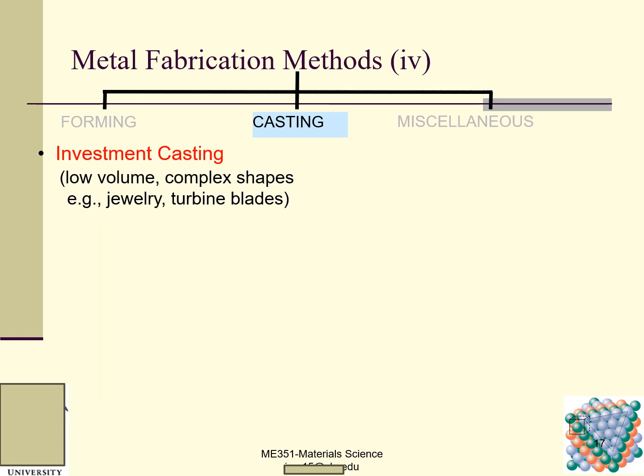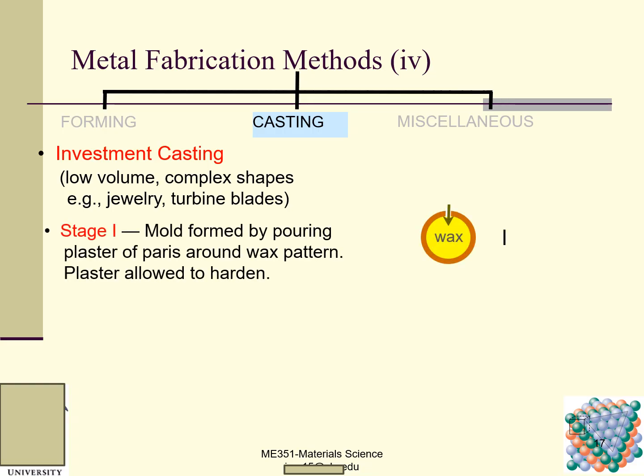So this is investment casting: low volume, complex shapes, for example, jewelry and turbine blades. So this is stage one here, and we put wax, right?